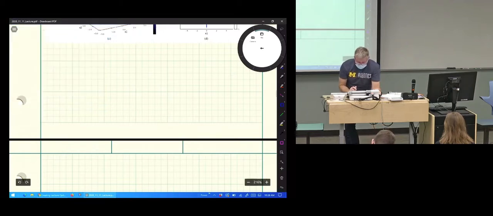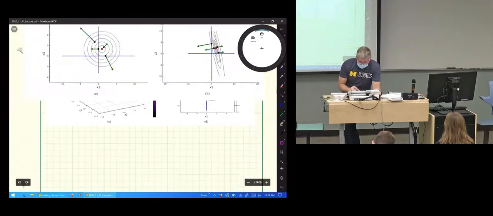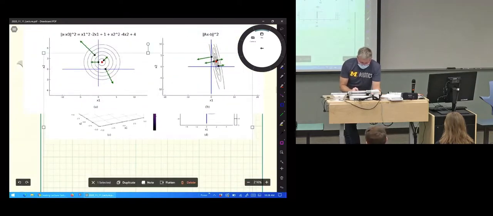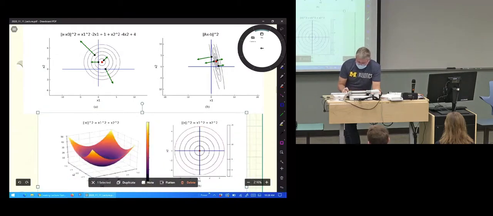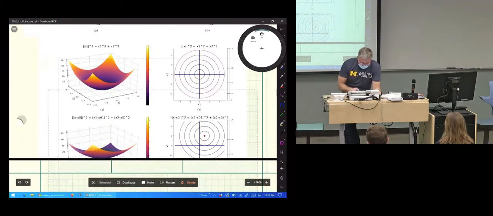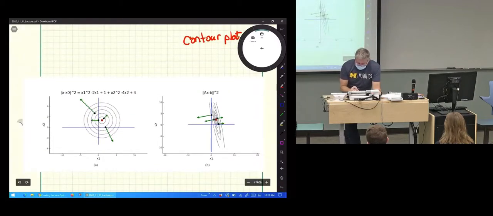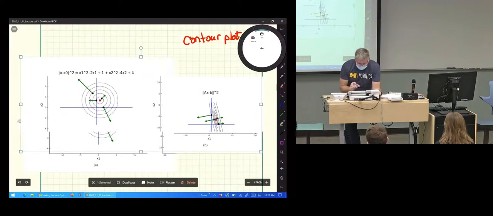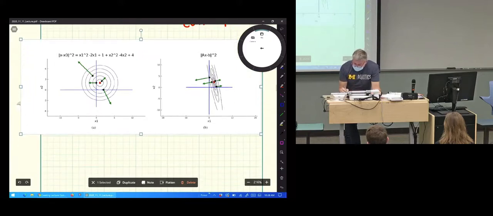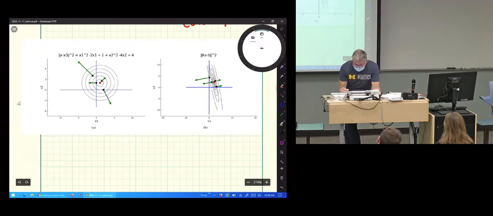So here's the gradient plotted on the contour map.